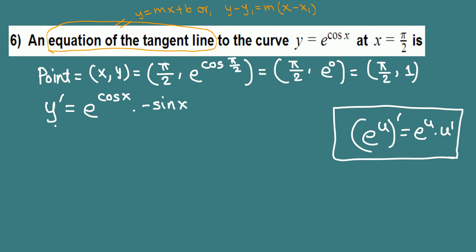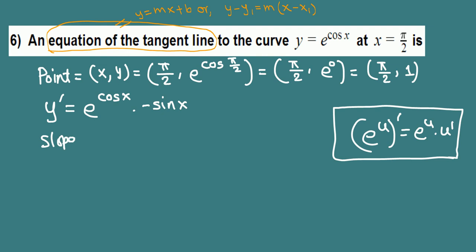That's the derivative, that is the slope of the tangent line at any number x, but we want the slope at this particular number x equals pi over 2. So we are going to replace x by pi over 2 to find the slope.